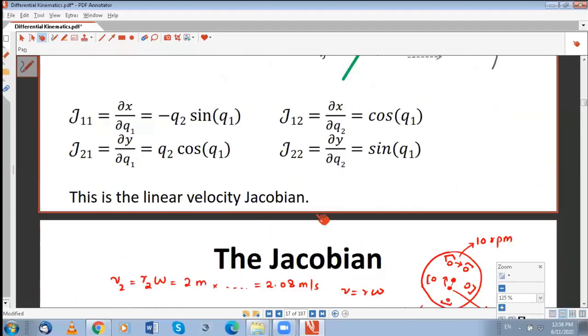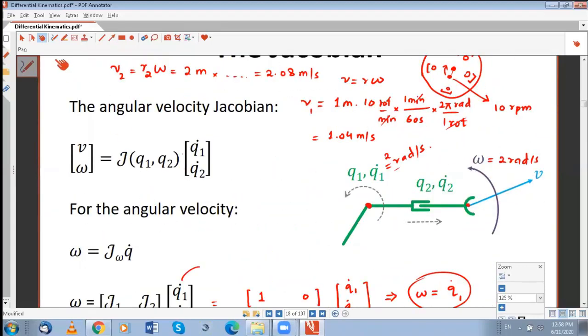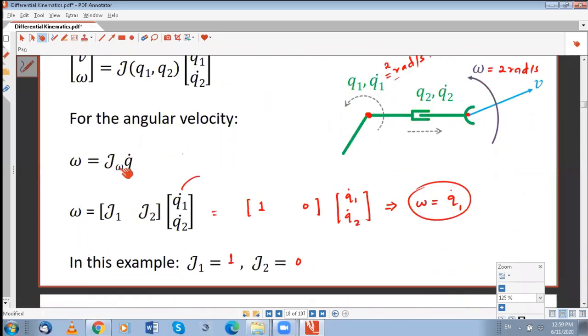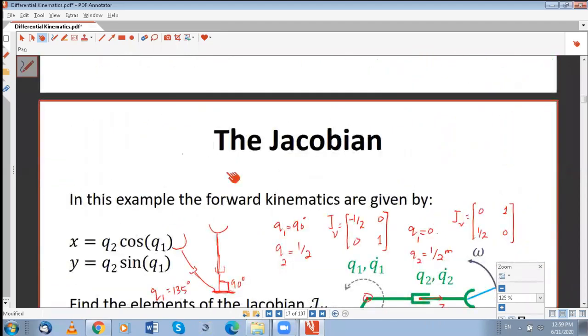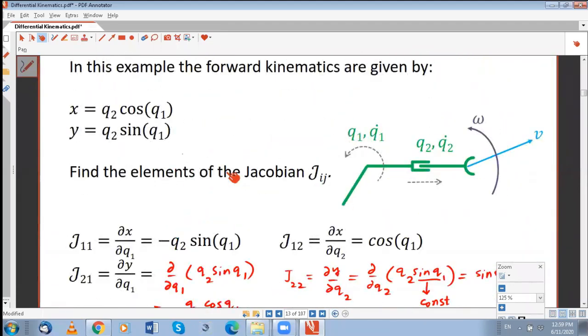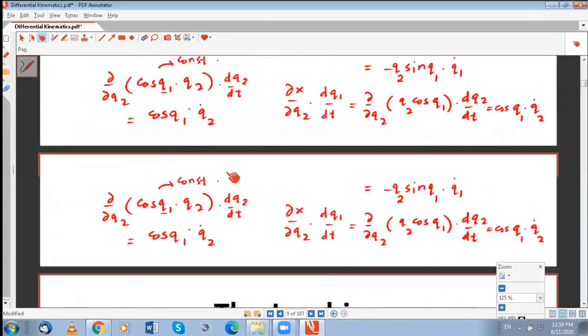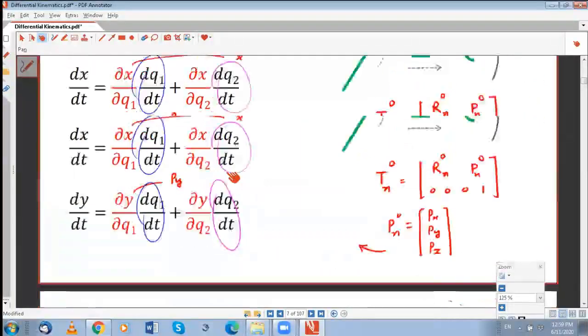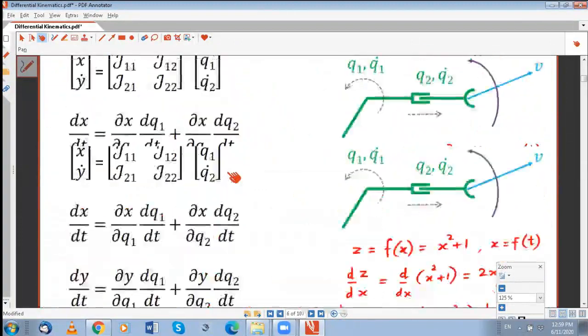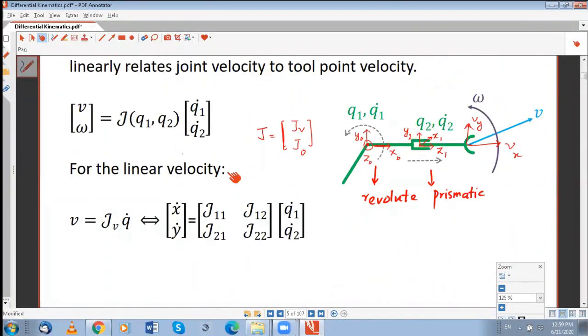So we got the Jacobian matrix, and now we want to find the part of the Jacobian which is related to the angular velocity. I called it JO, but let's not call it JO. It's J omega, just for the sake of making the notation consistent.